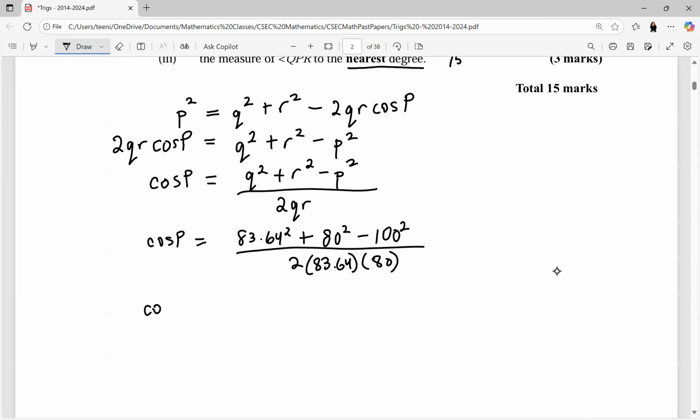Okay, so therefore, cos of P is equal to 83.64 squared plus 80 squared minus 100 squared divided by 2 times 83.64 times 80, which will be 0.2537.